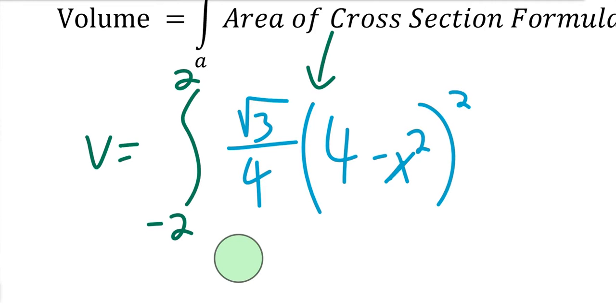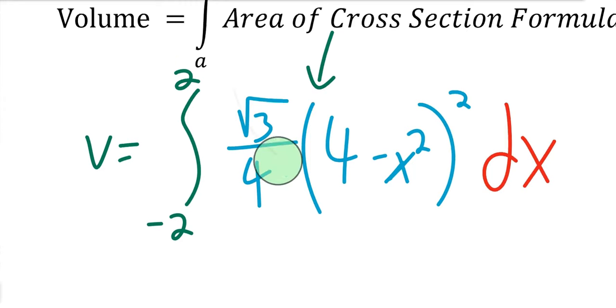Okay, and then don't forget your dx, because that's what you're integrating with respect to. And believe it or not, this formula right here is going to give you the volume of this solid. Now you might be thinking, well, why does this work? We've never used integrals to find volume.